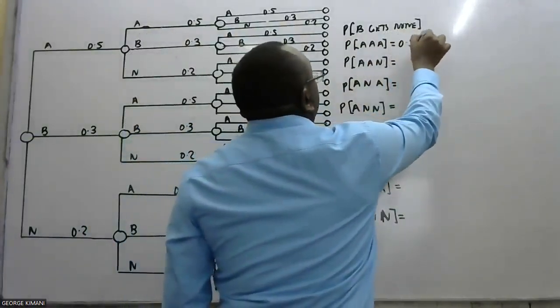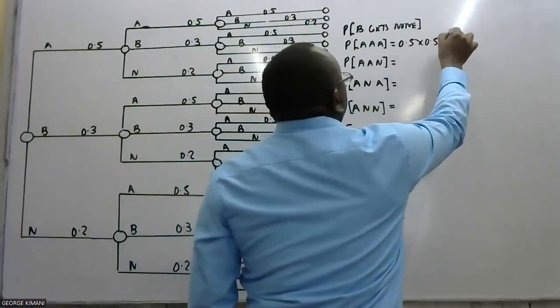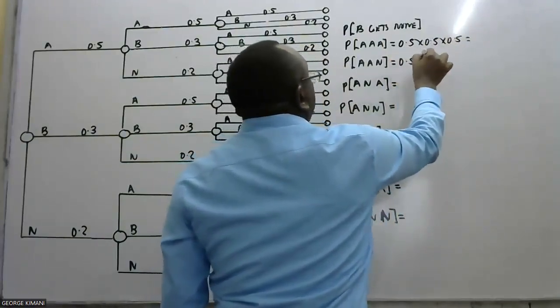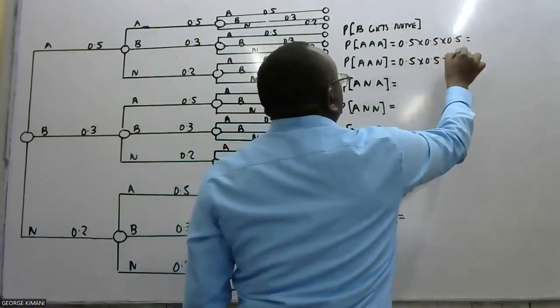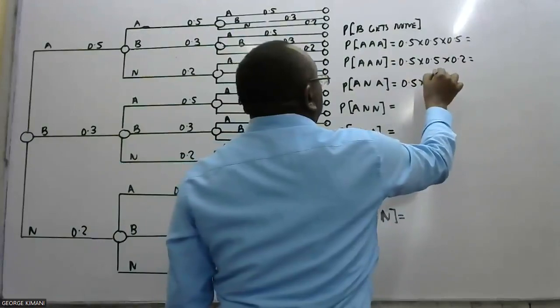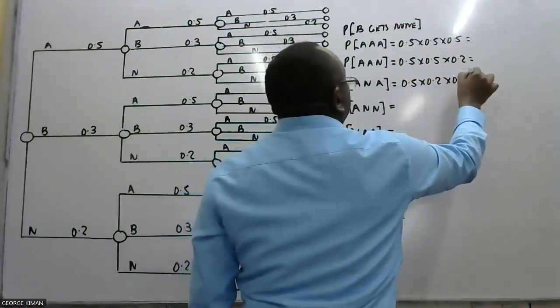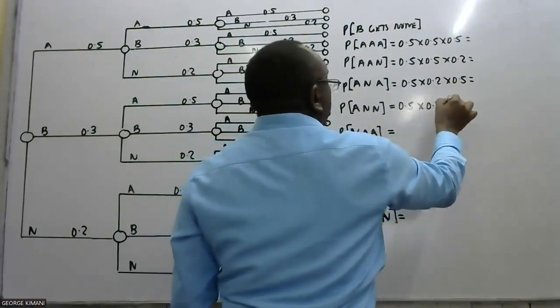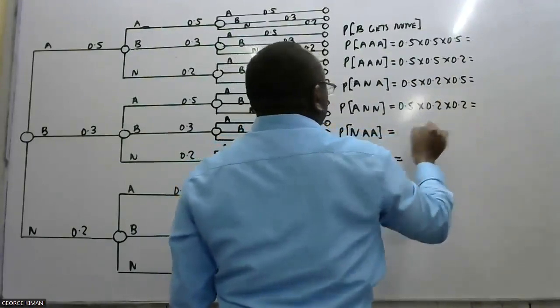This is 0.5 times 0.5 times 0.5. This is 0.5 times 0.5 times 0.2. 0.5 times 0.2 times 0.5. 0.5 times 0.2 times 0.2.